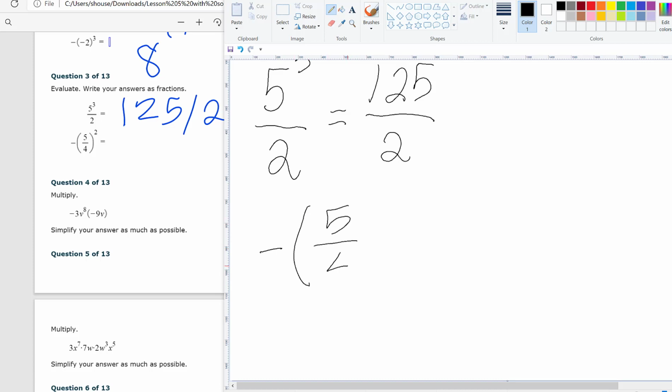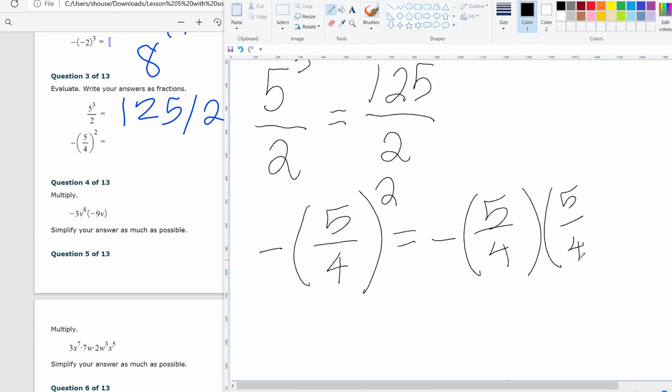Next, -5 over 4 squared means we have a negative sign, and 5 over 4 times 5 over 4. That's going to give me negative, because there's only one negative, and it does not get squared because it's not in the parentheses, 25 over 16.